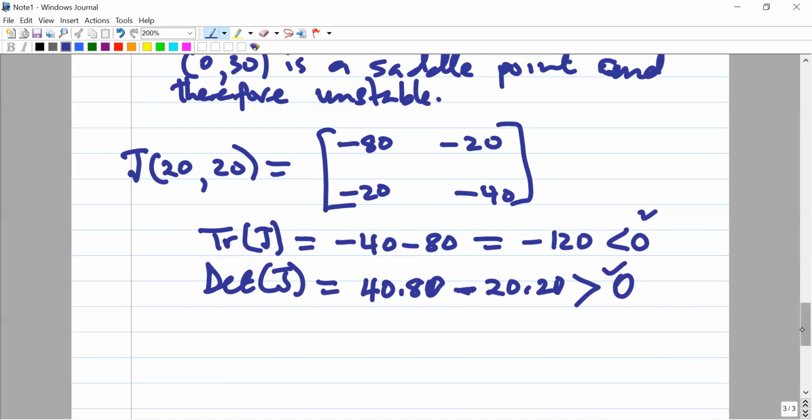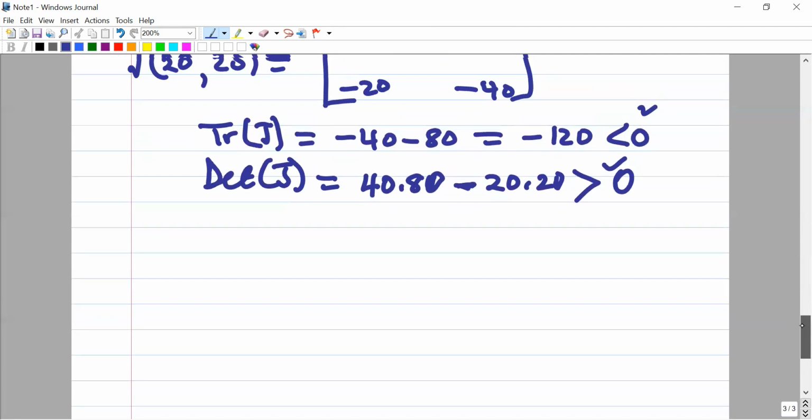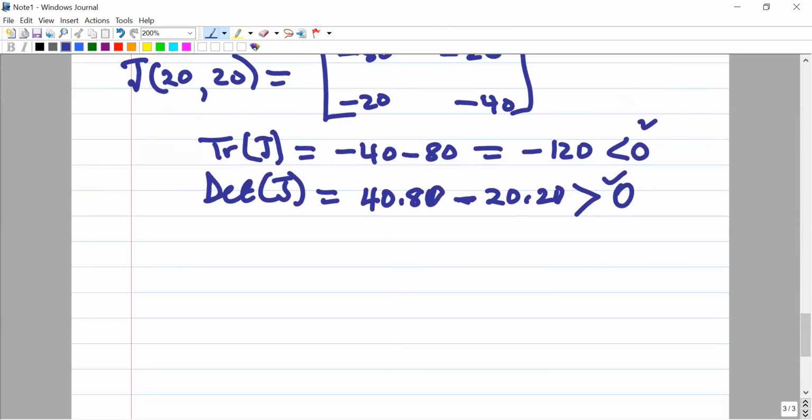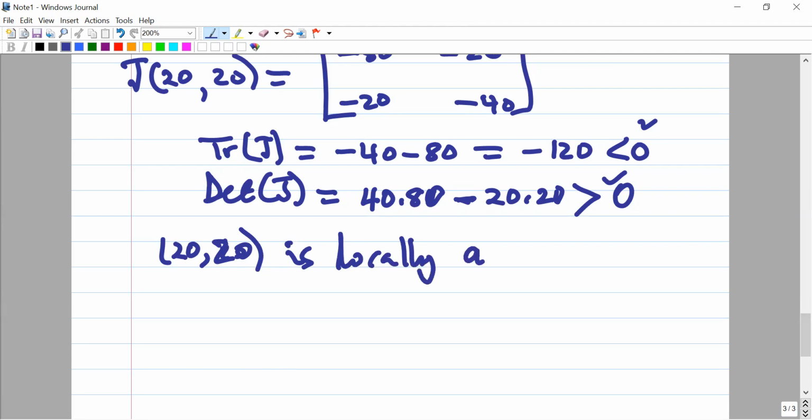Since the trace is less than 0 and the determinant is greater than 0, the equilibrium 20, 20 is locally asymptotically stable.